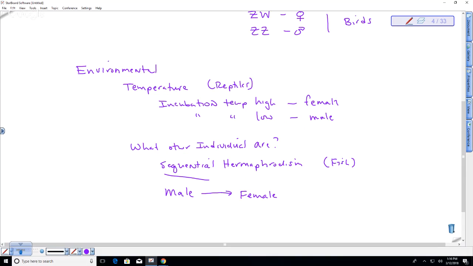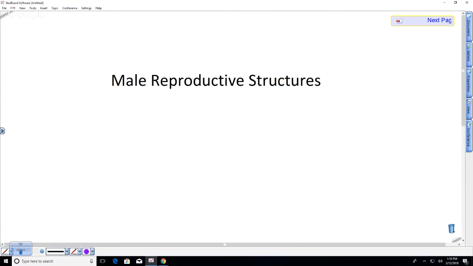Okay, so we are going to focus on mammalian reproductive structures. This is the description of the male reproductive structures. When we look at what is referred to as the gonad, these are the testes.